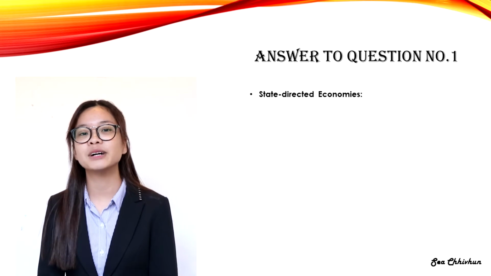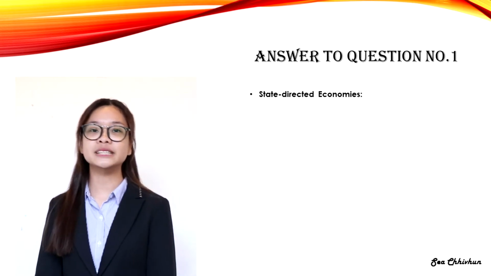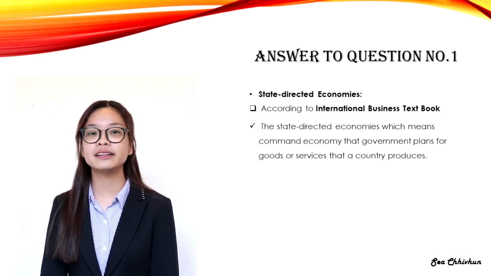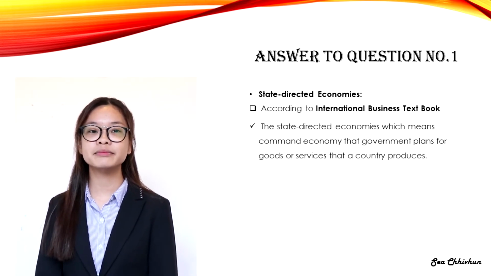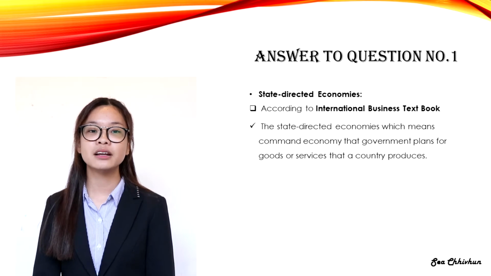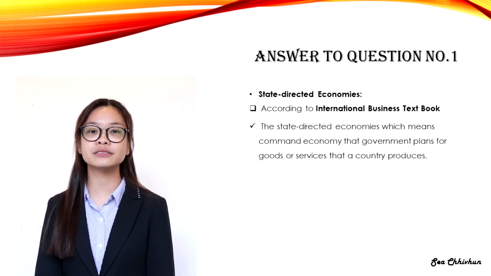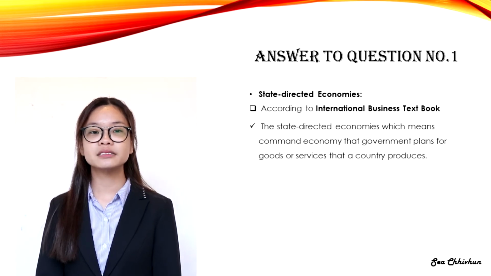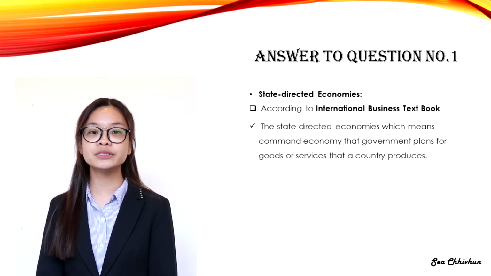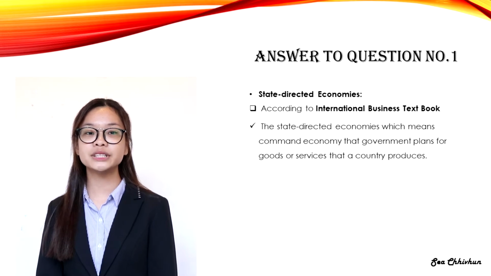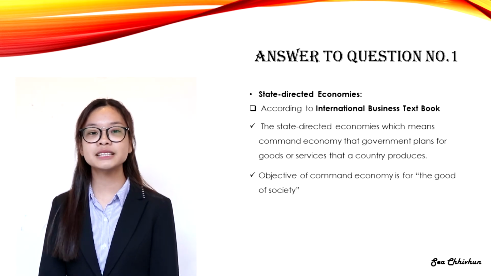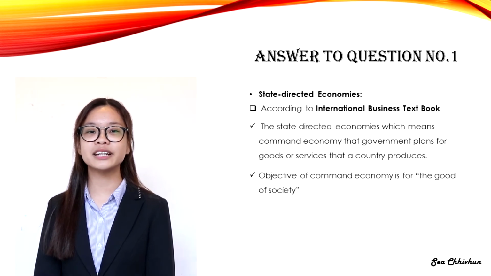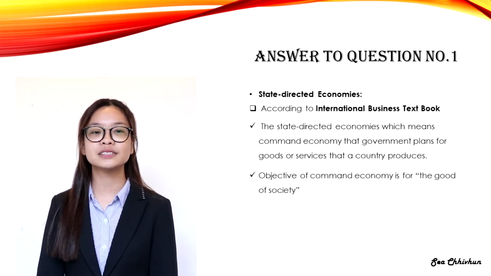And let's talk about state-directed economies. According to the International Business textbook, a state-directed economy, which means a command economy, is one where the government plans what goods or services a country produces, the quantity in which they are produced, and the price at which they are sold. The objective of a state-directed economy is for the government to allocate resources for the good of society.